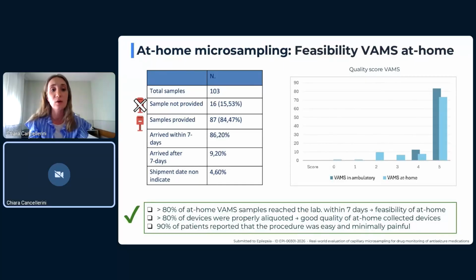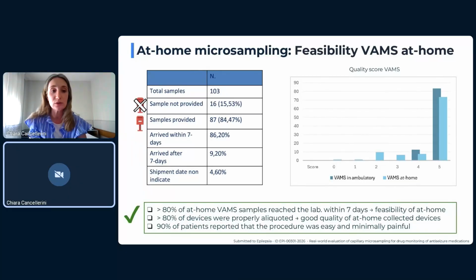And over 80% were properly collected. But I want to say that every patient received a dedicated face-to-face training session on how to use the VAMS correctly, and we also called them on the phone on the scheduled day of the sampling. We reminded them of the procedure and helped them with the delivery. And 90% of the patients also found that the procedure was easy, minimally invasive, and not painful.